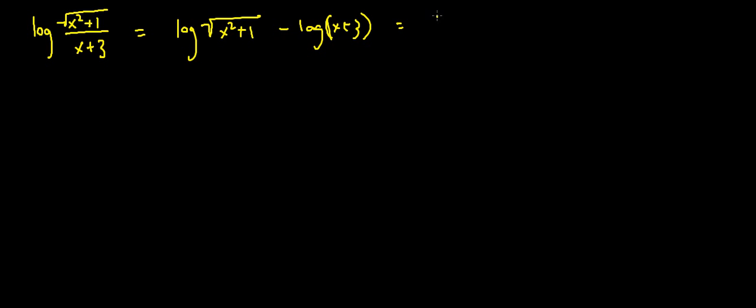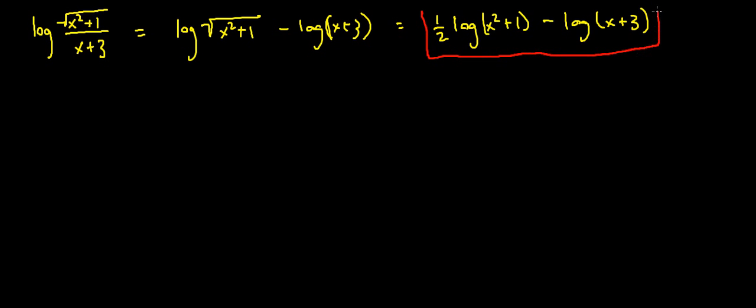So this is now going to be equal to 1/2 log of x squared plus 1 minus the log of x plus 3. And this is as simple as this is going to get. So that wasn't bad. Let's do a couple more.